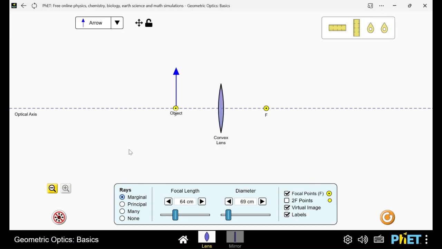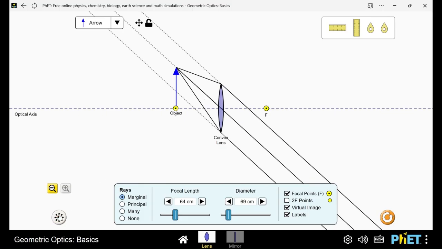Let's bring the principal rays and see. Now we see that if the object is at the focal length, the rays do not meet. The rays just continue. This tells us that the image of this object is formed at infinity.